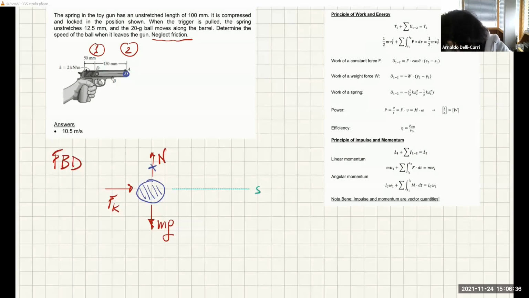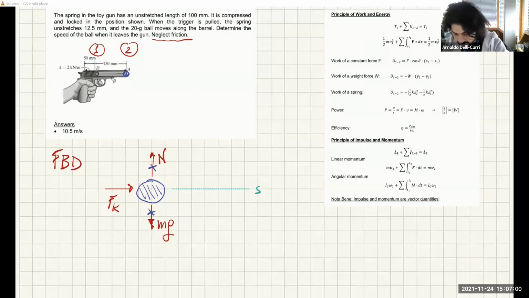This force is not working, and this force is not working, because they are perpendicular to the displacement. You can see the work of a constant force, F, the force itself, times the displacement times the cosine of the angle between the two. Of course, theta is 90 degrees for N and S, and for mg and S. Therefore, the cosine of 90 degrees is 0.